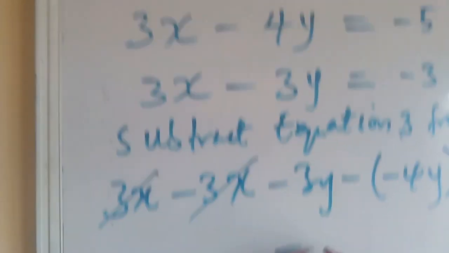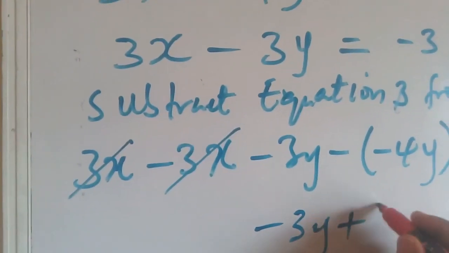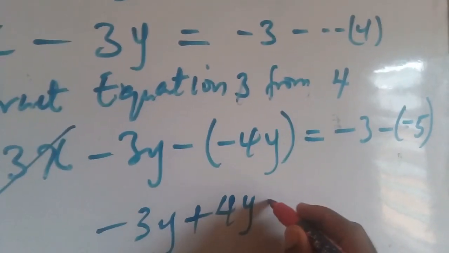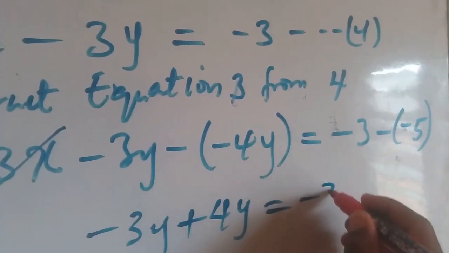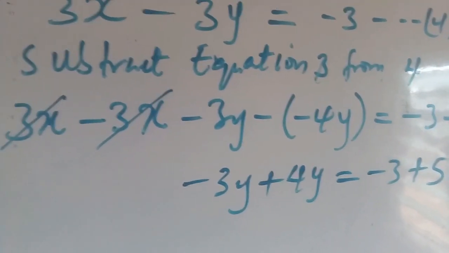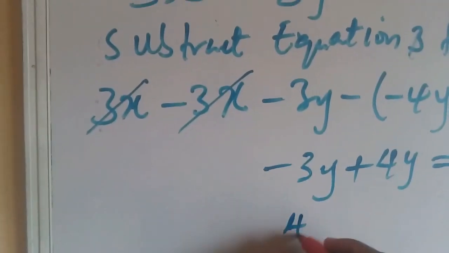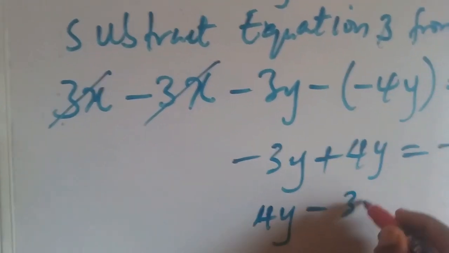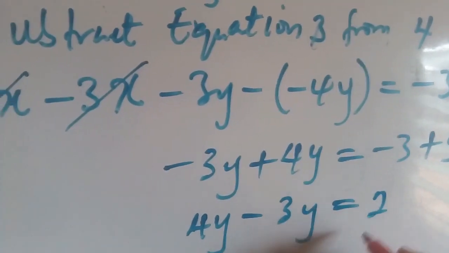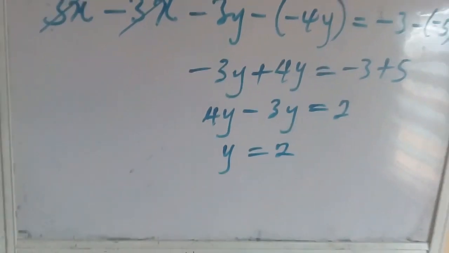We can now have minus 3y plus 4y equals minus 3 plus 5. Minus 3y plus 4y is the same thing as 4y minus 3y, which equals 2. So our y will be equal to 2. This is the value of y.